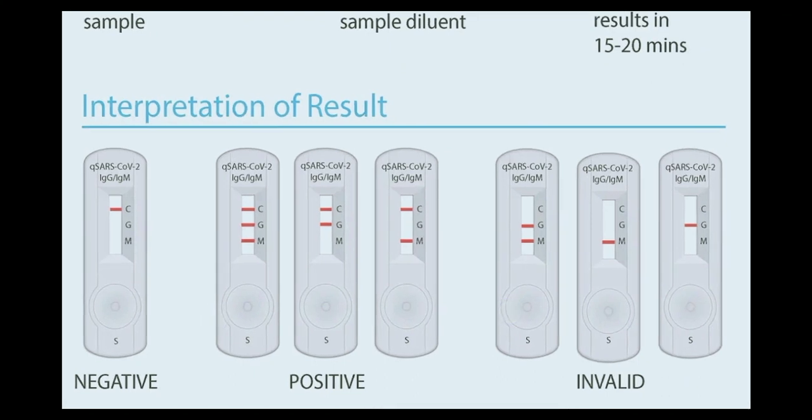And if there is no line on the control section, only a line in the antibody section, then it indicates that the kit is invalid or faulty, because to work properly there must be a line on the control section. This is the basic concept here.